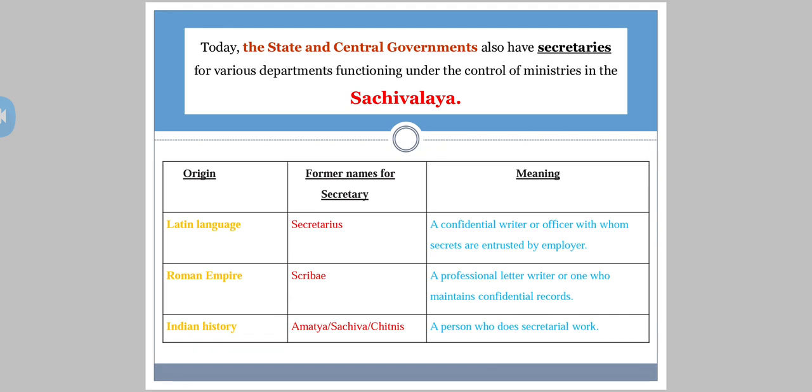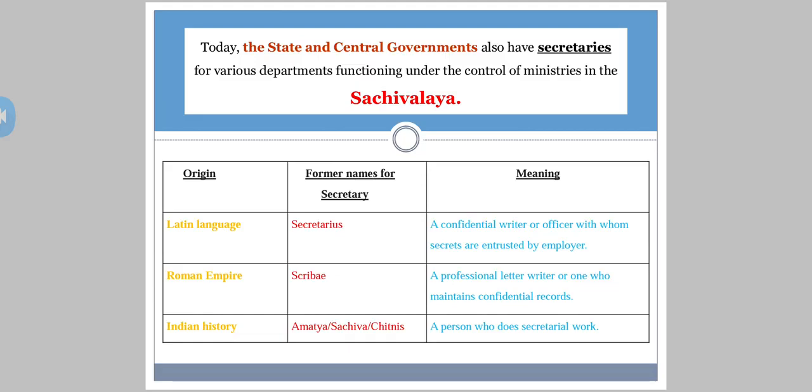Now see here, there is a table given here which is a brief and clear-cut presentation of what we have seen now. In the Latin language, the other name for secretary is secretarius, which means a confidential writer or officer with whom secrets are entrusted by the employer.